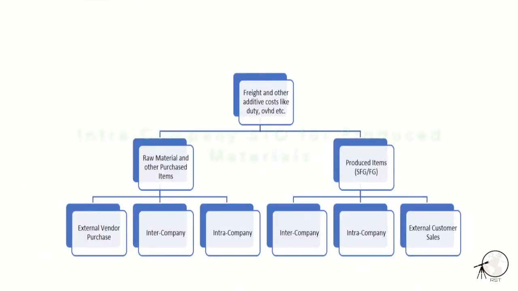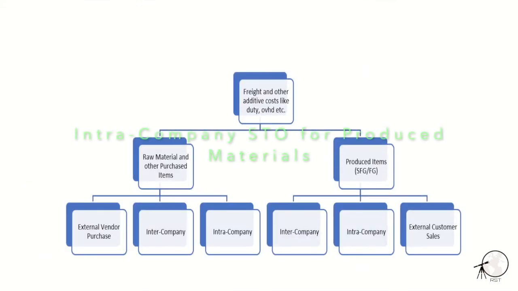Now let's discuss the produced items, that is semi-finished and finished goods. Let's start with the intra-company scenario. The cost involved in sending the material is generally taken by the receiving plant in case of an intra-company scenario. So it can be done either by using additive cost or by using costing sheet.